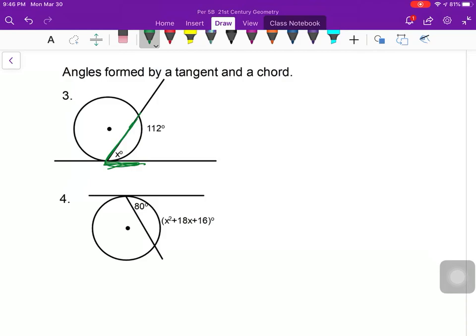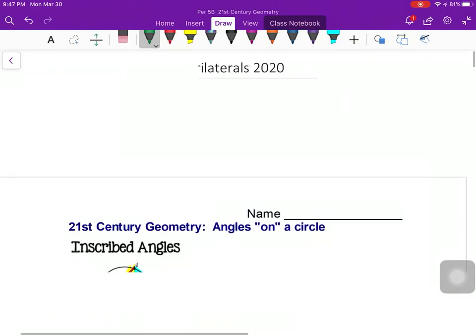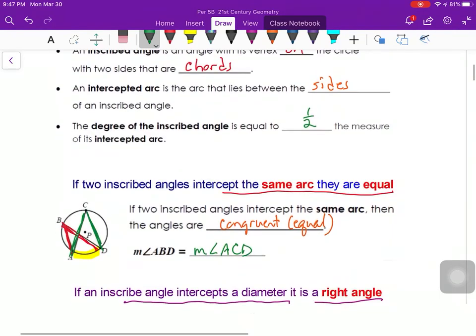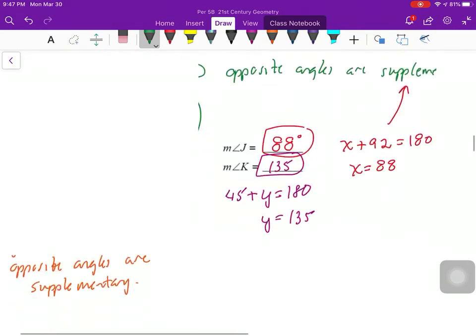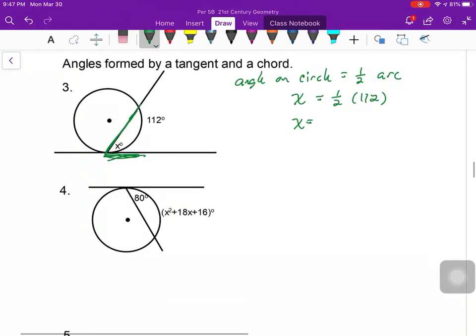Now this one, the angle is on the circle. It equals half of the arc. So the x will equal half of the 112. The x will equal 56.